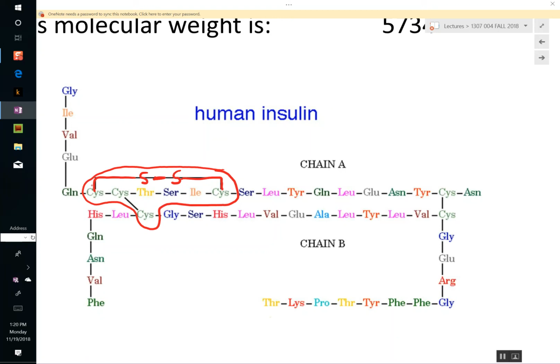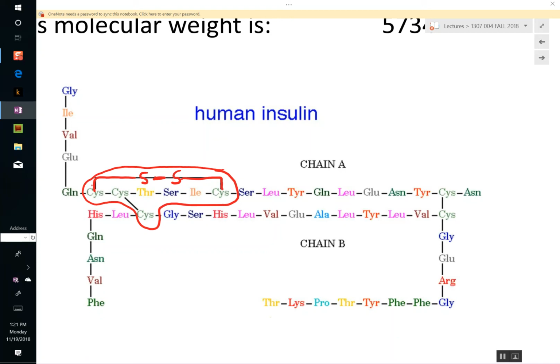This is all chain A, right? This isn't the entire chain A, but everything in here right now is a part of chain A. And we've got this loop. Off of this loop would go this part of chain A, and that part of chain A would come building off of these 2 amino acids right here.